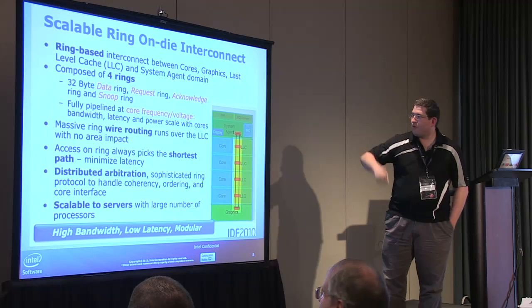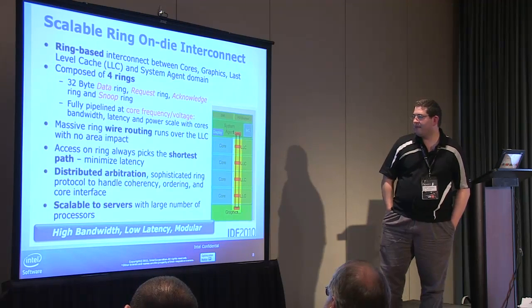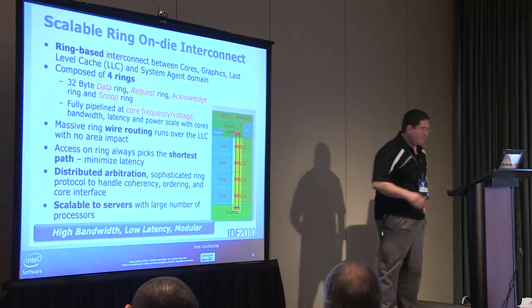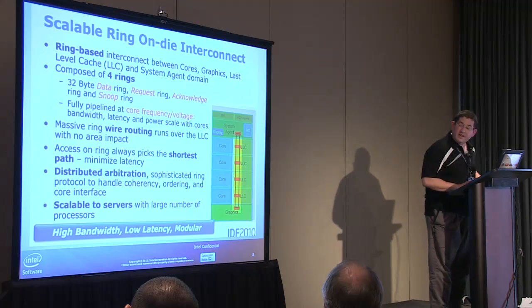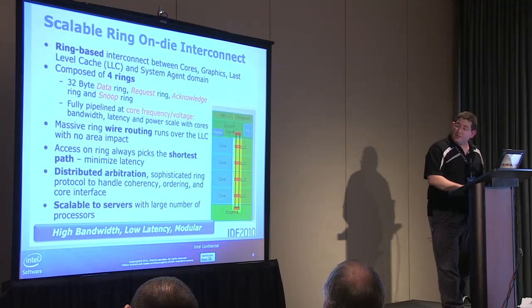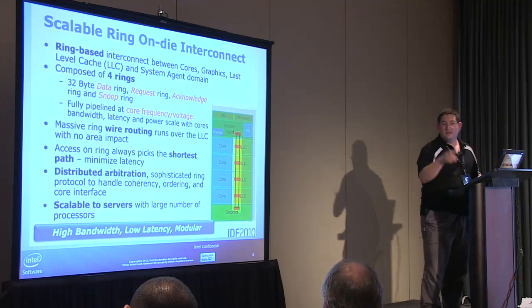So they're at the core frequency and core voltage. The routes that are taken are minimized by various algorithms that Intel has built within the chip. This particular type of architecture is scalable to more cores.